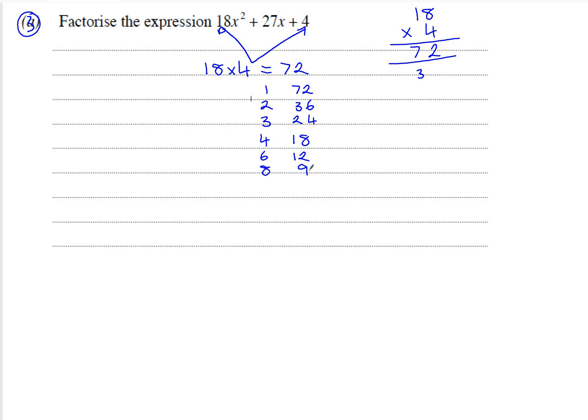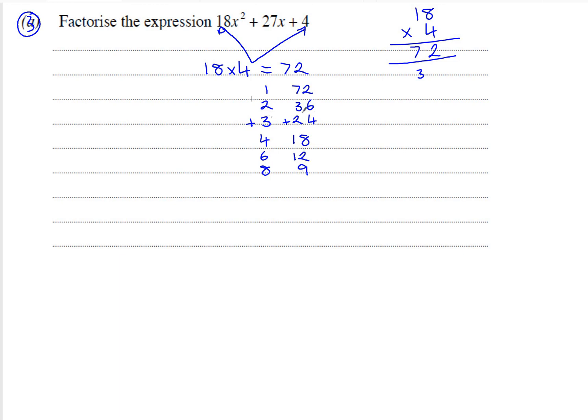Now we need to choose which pair is able to add or subtract to give plus 27. Okay, so can 1 and 72? No. Can 2 and 36? No. Can 3 and 24? Yes. How? Plus 3 plus 24. Okay. Can 4 and 18? No. Can 6 and 12? No. Can 8 and 9?